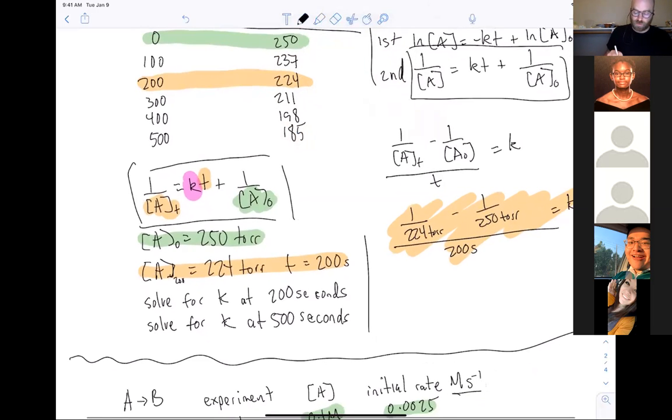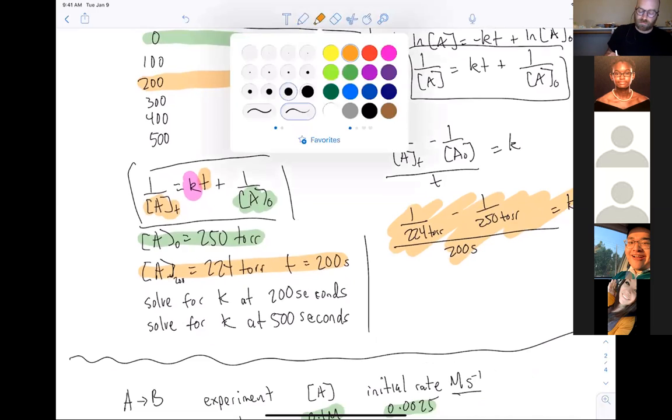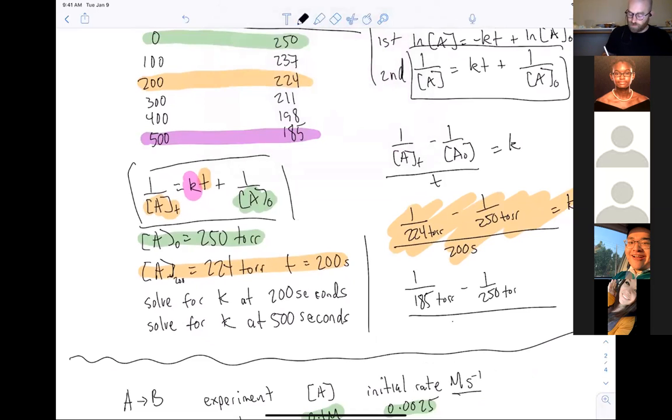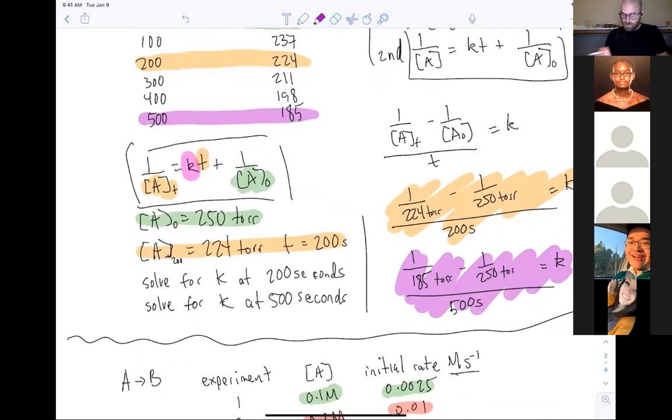So what if we looked at, I don't know, let's say 500. So what about here? We could say 1 over 185 torr minus 1 over 250 torr, divided by whatever the number of seconds is, equal to k, and compare those and see if that is correct.